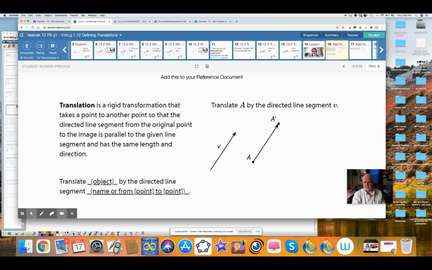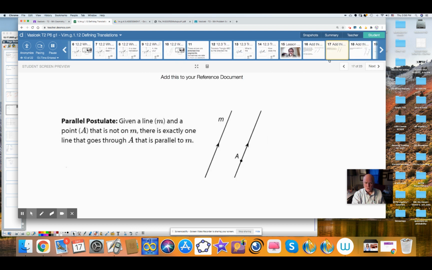So if you go back to lesson 10, you can download your copy of the reference document if you've not yet done so. We'll use the reference document throughout.